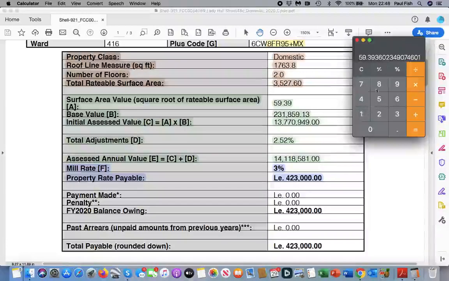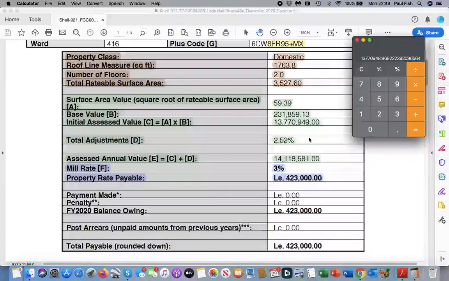We'll do the calculation here. We've got the surface area value times 231,859.13, and there we have the figure. It's a little bit small for you to read, but it's 13.78 million.